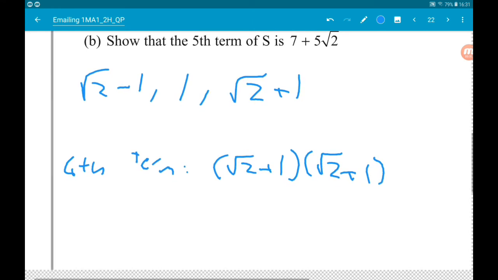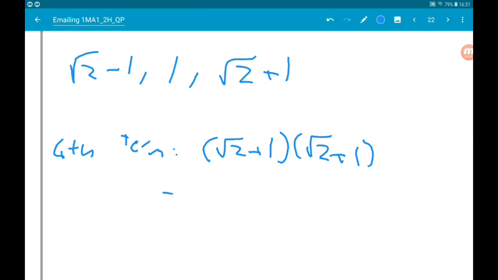Now, if we expand that out, then we are going to get root 2 times root 2, which is 2, add 1 times 1, which is 1, so that gives us 3, and then we're going to get 1 times root 2 twice, so that's 2 root 2.